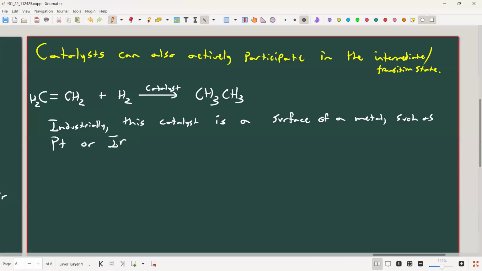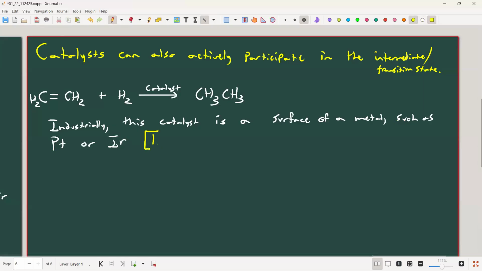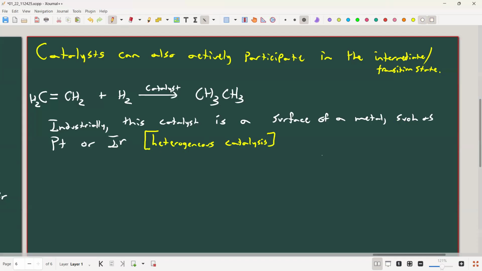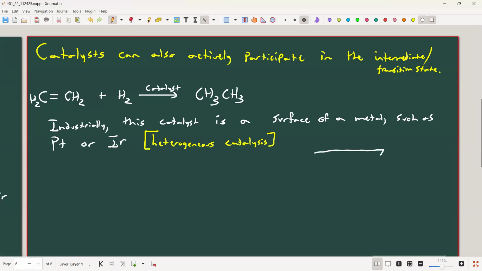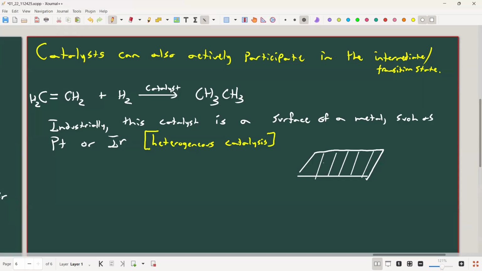We call this heterogeneous catalysis, where the idea is that you have a metal surface. So this is our platinum surface.